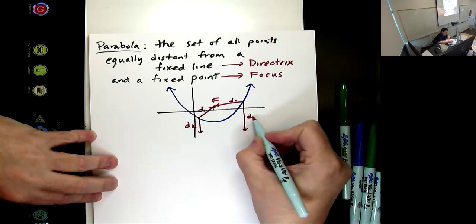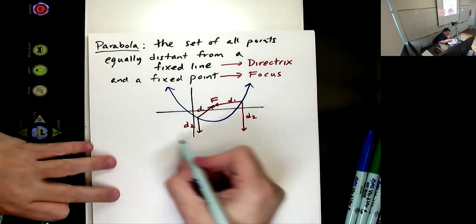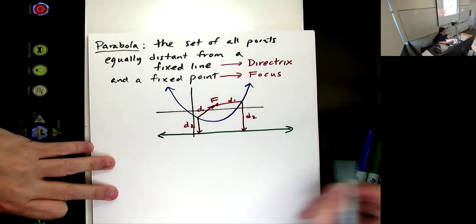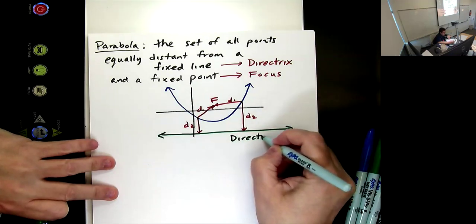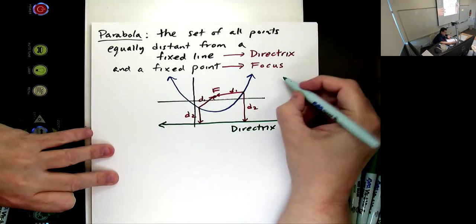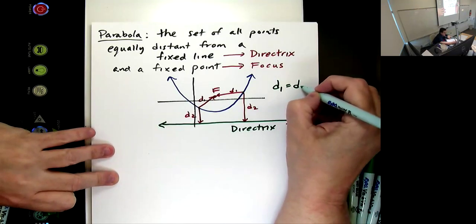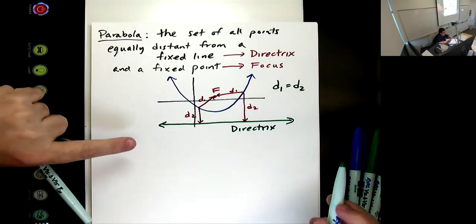I did not draw this very well. The directrix is like that. And in a better picture, D1 equals D2 for each set from the same point.